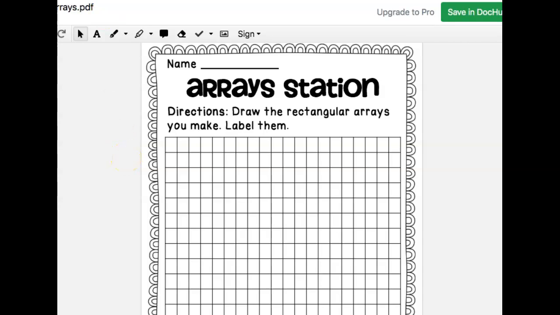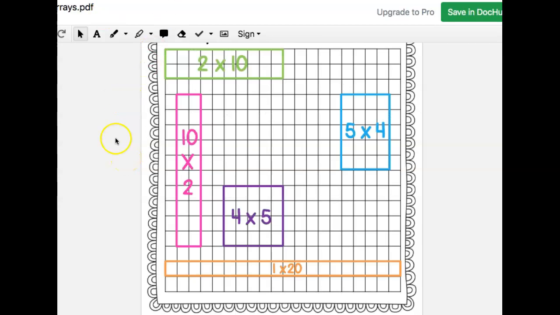For example, on this example sheet, the student drew 5 different rectangular arrays and he or she labeled each array. So for this one, she drew a rectangle and then wrote down 4 times 5. So I want you to do the same thing and draw 5 rectangular arrays and label each array.